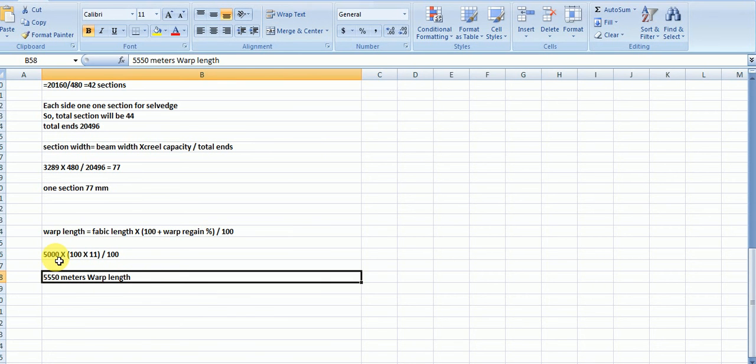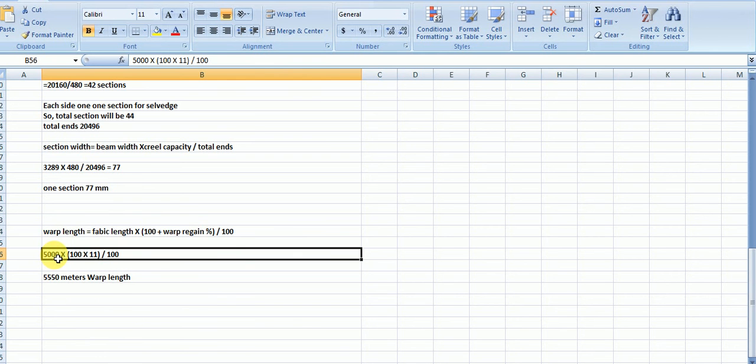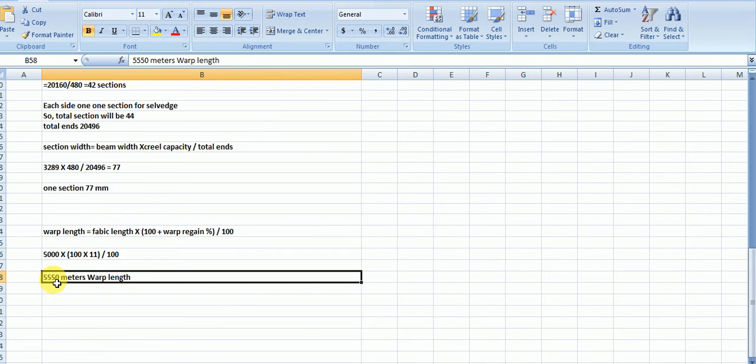So here, 5000 meter fabric length we want, multiplied by 100 plus 11%, divided by 100. We get this much warp. It means when we want 5000 meter fabric, we have to make the warping beam 5550 meter.